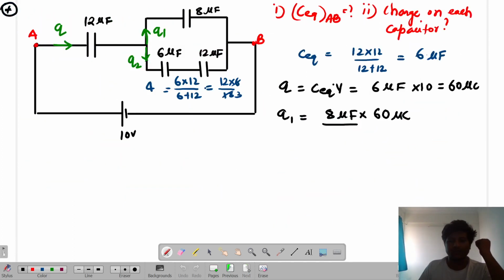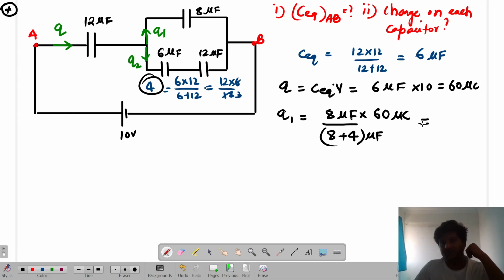Here C2 will work like 4, so 8 plus 4. Is that clear? 12 5s are 60, so 8 5s are 40. So this is 40 microcoulombs.